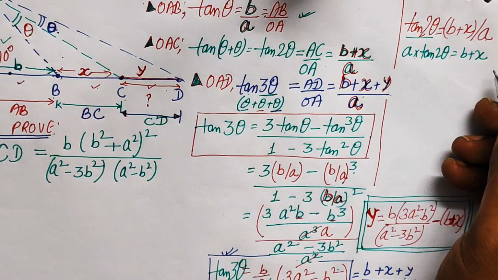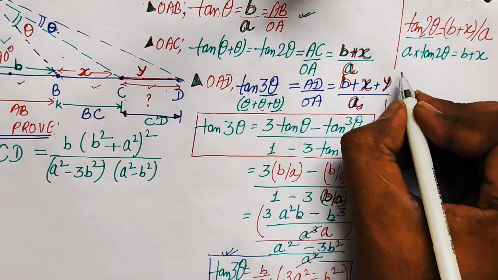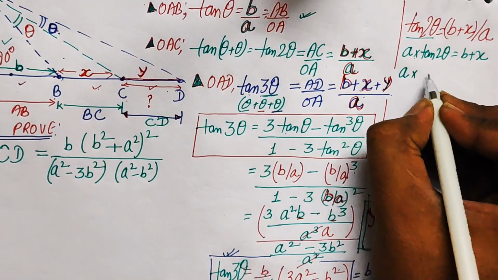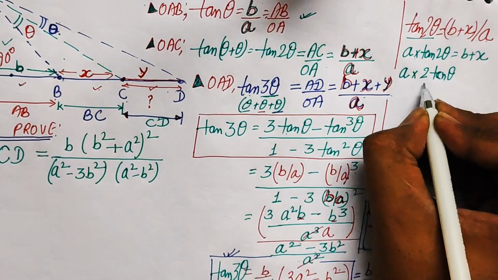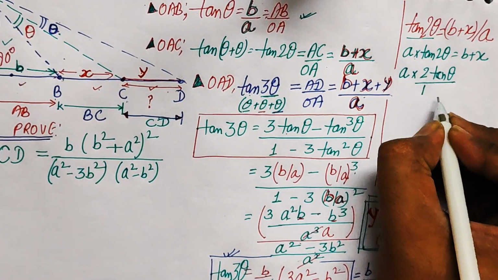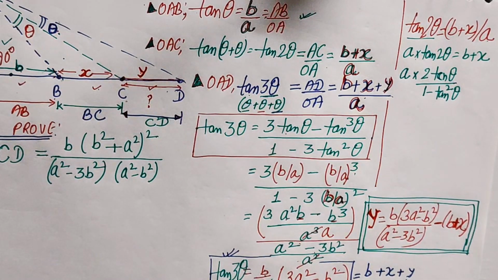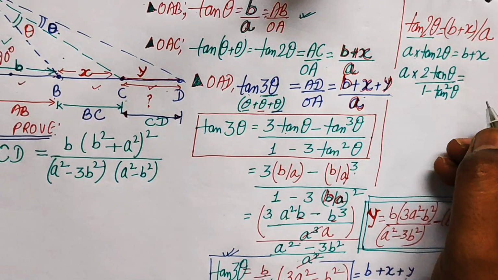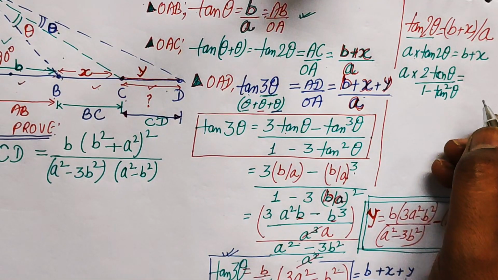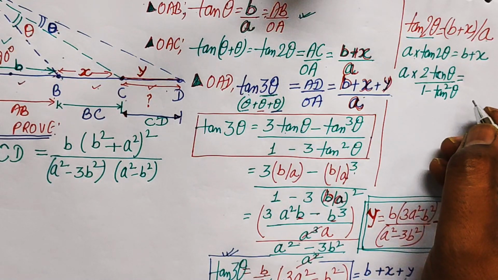Now the value of tan 2 theta, just put it: tan 2 theta is 2 times tan theta divided by 1 minus tan square theta, isn't it? And this is equal to the value of b plus x, definitely.